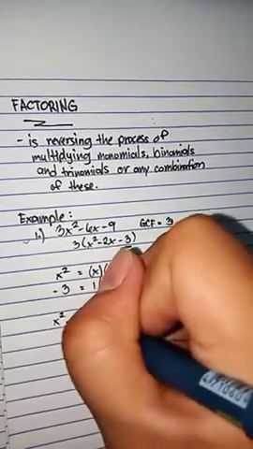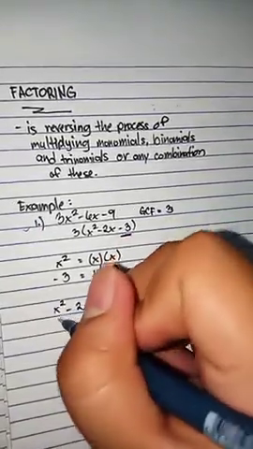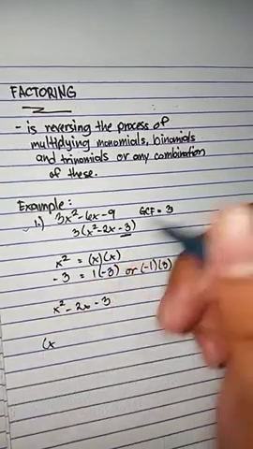x squared minus 2x minus 3. Now we have here our x squared, x.